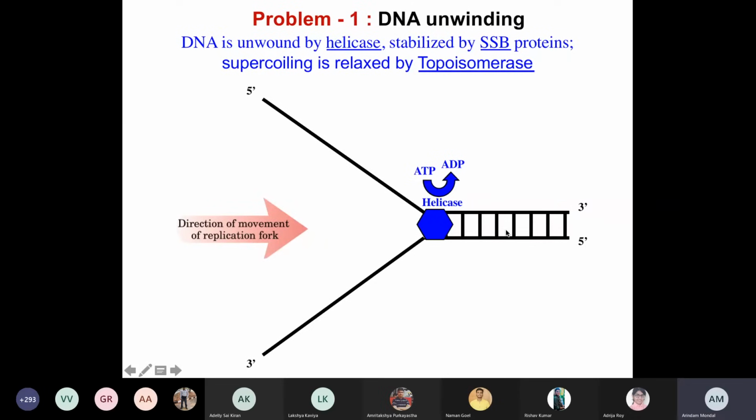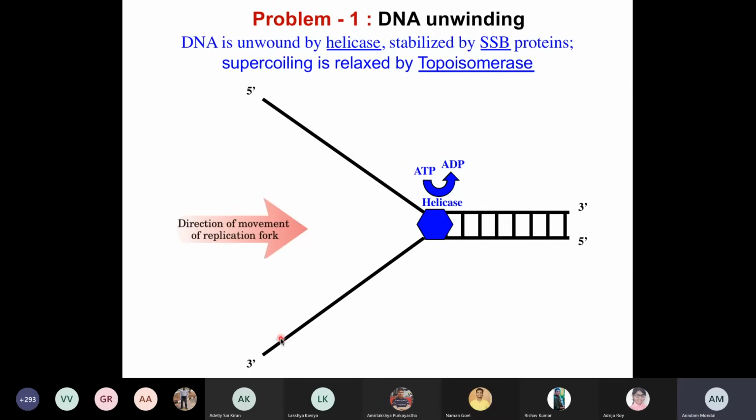Eventually there will be so much supercoiling that it will inhibit the unwinding of the DNA, right? So that's why, while the helicase is unwinding the DNA, it is constantly introducing supercoiling in front of the replication fork.